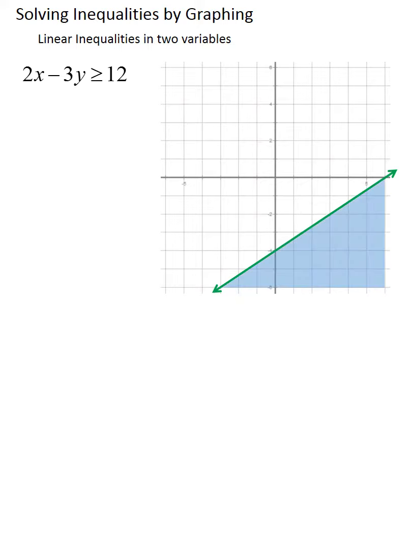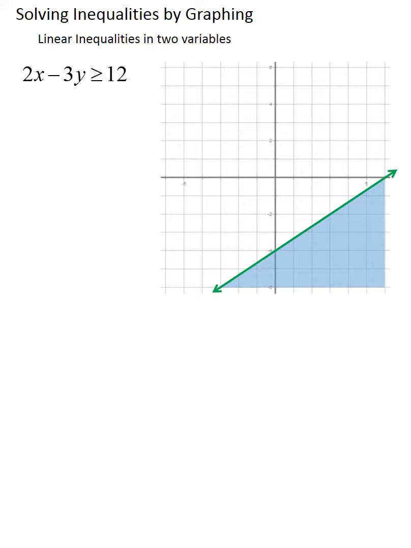But rather than writing a bunch of T's underneath the line, mathematicians tend to just shade there, and that shading represents that any point in that section would make the inequality true. So we'll use shading instead of writing a bunch of T's over and over.